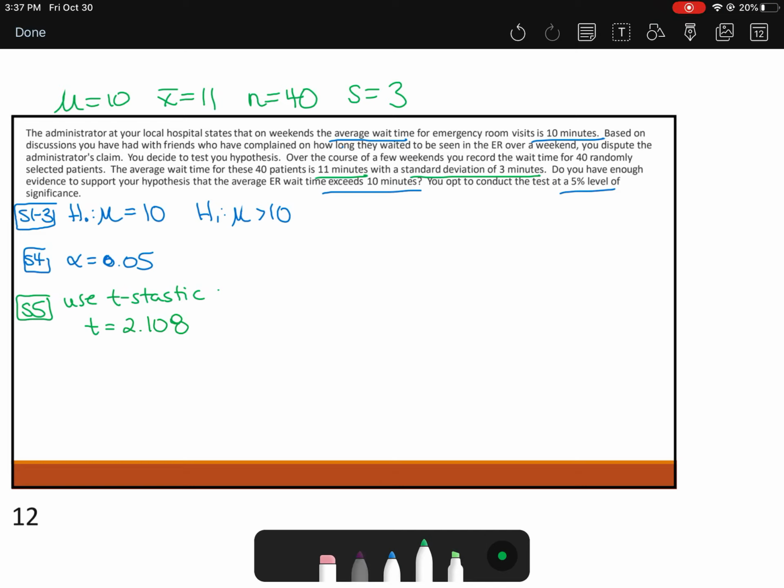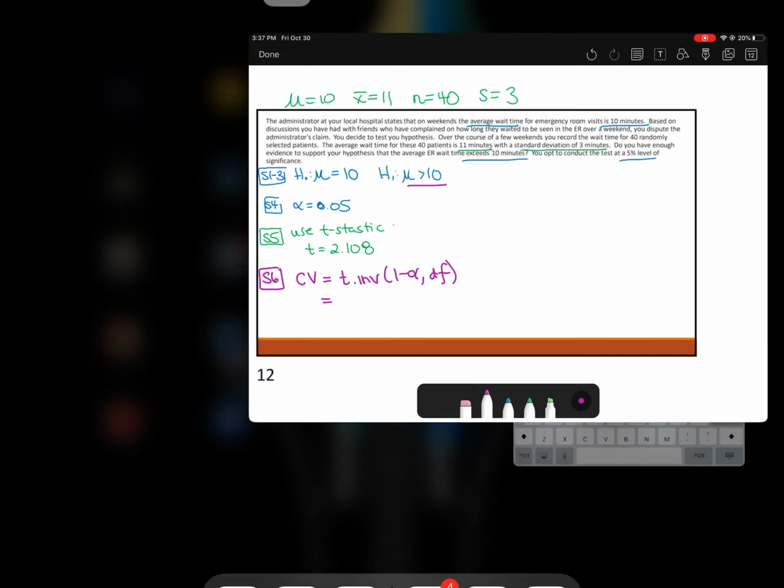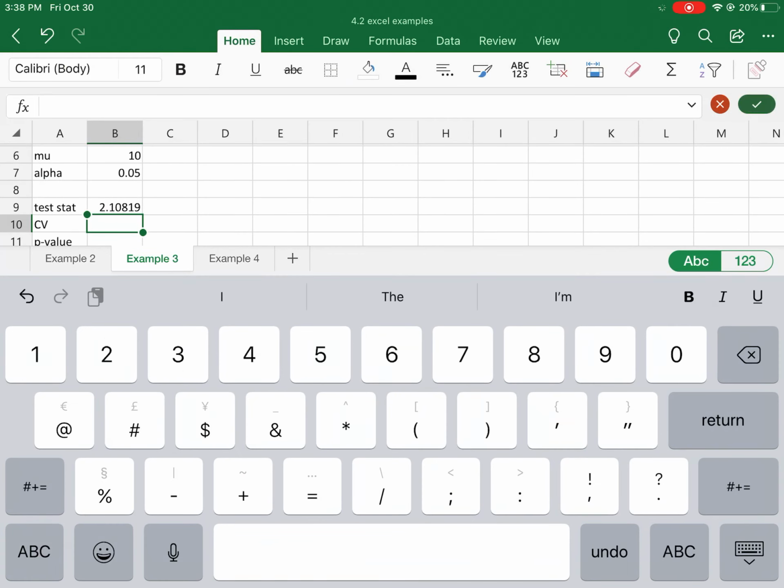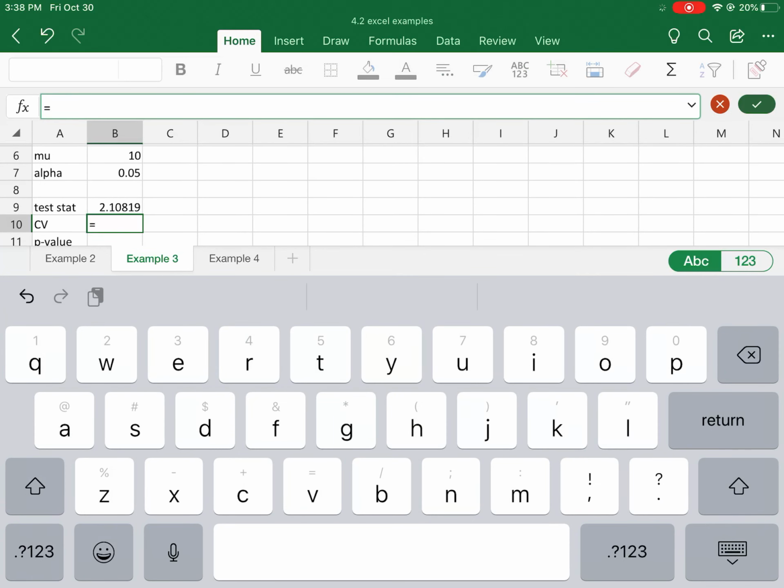Steps 1 through 5 are the same whether you use the critical value or the p-value. Now I'm going to go to step 6, starting with my critical value. This time it is greater than, so I have to use the t inverse of 1 minus alpha, and my degrees of freedom.